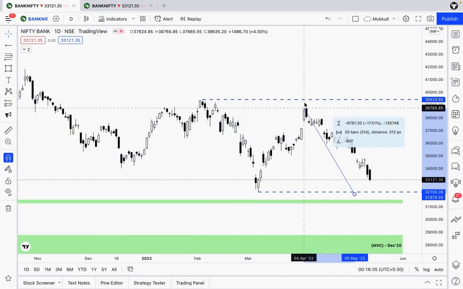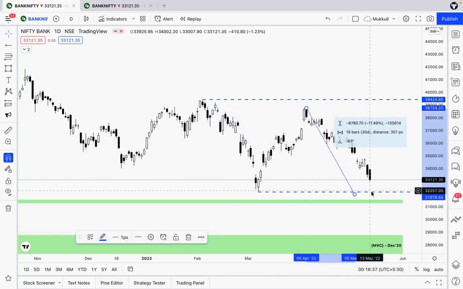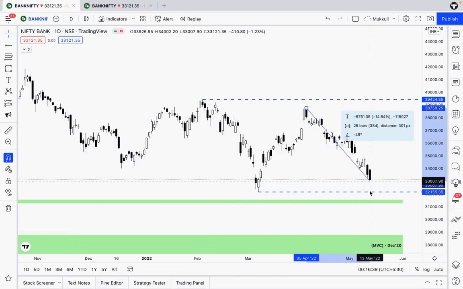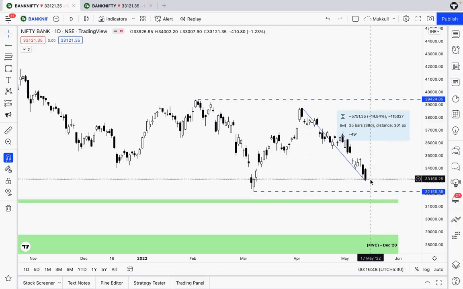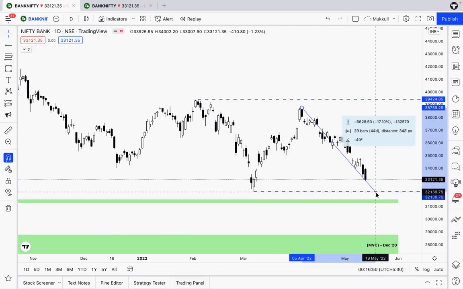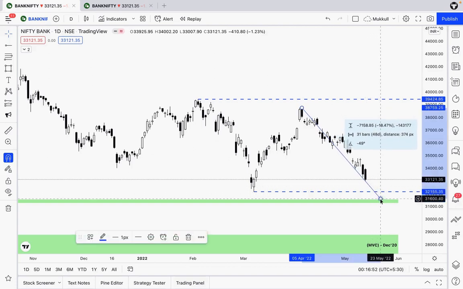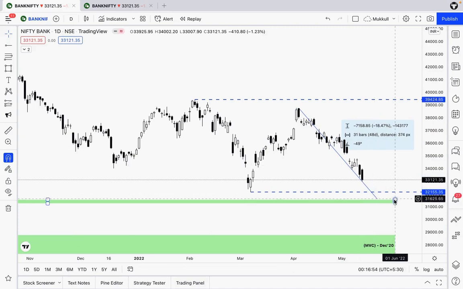We are here from the pullback till this particular zone. What is the intensity? 14.8%. Still we have 4% in the room for further correction or dip. So where is that 4%? That is coming exactly at this particular zone.